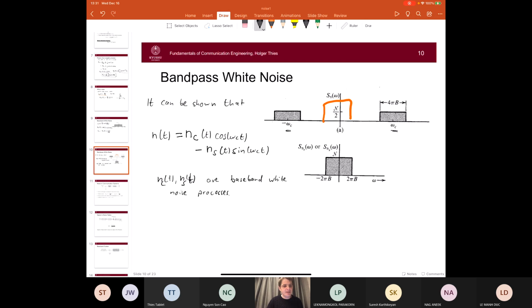Okay, and then we have already seen what the power spectral density of those processes will be. They will have the same power spectral density.